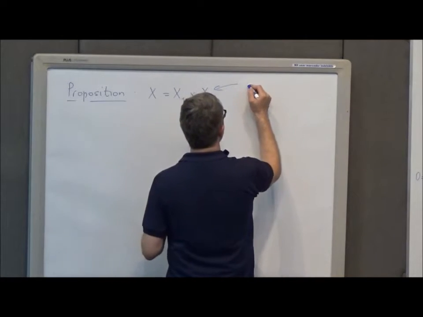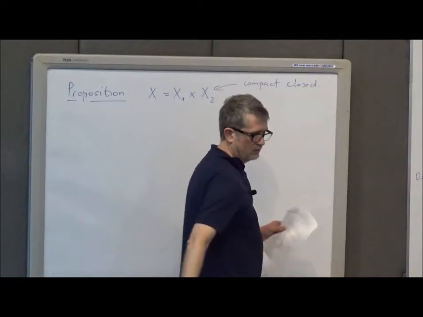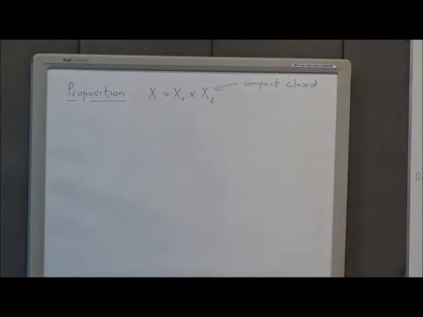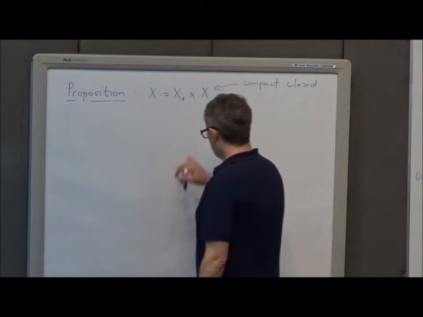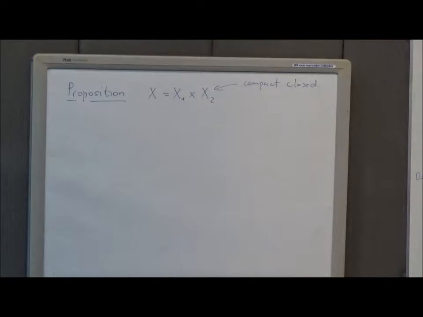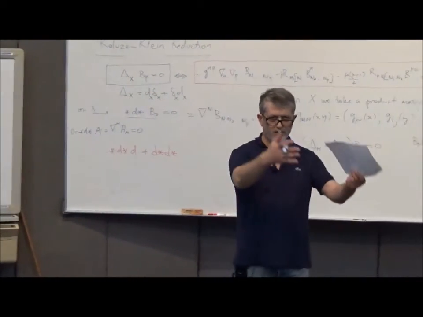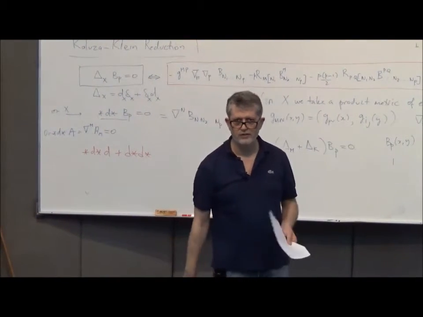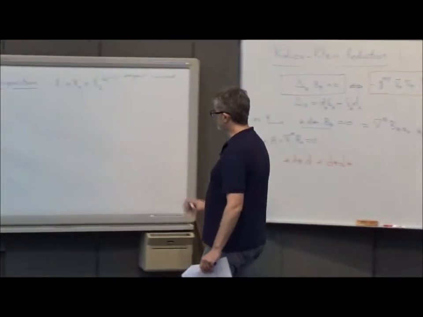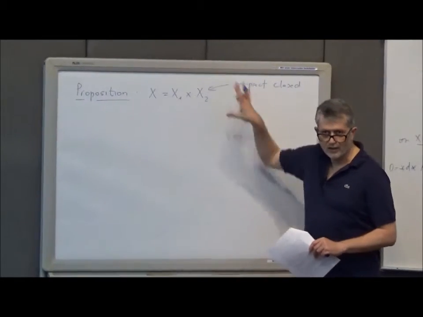The only thing I need is that X2 is compact, closed. I don't need anything particular about X1. If X1 is an open space, then these sorts of games are not really available to you unless you tell me something more. If you want your functions to be square integrable, which basically would tell me what happens at infinity for my functions and so on. But as long as this part is compact and closed, I can actually deal with this part.